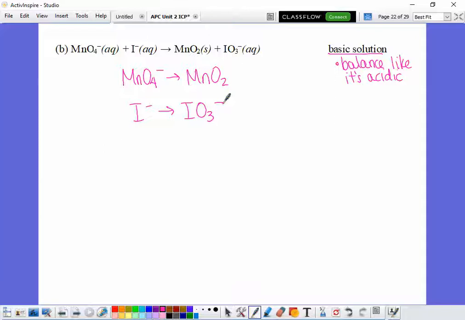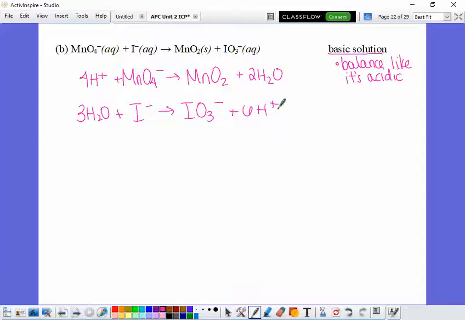Dealing with the oxygens, we need 2 waters over here and 3 waters here. And then we need 4 hydrogen ions here and 6 here. So far, so good. Hopefully.